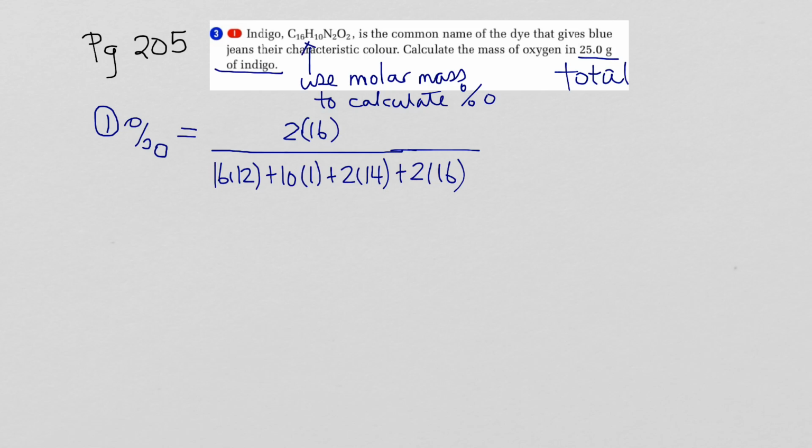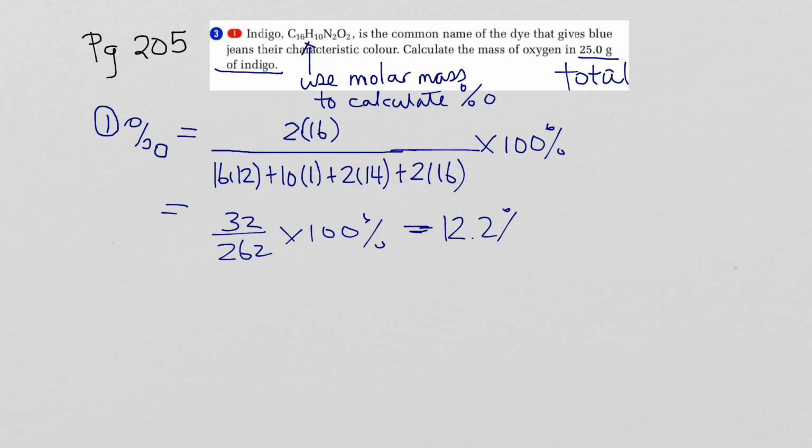So now, when we do this, this fraction, or this percentage, would give us 12.2%. So that means 12.2% of the total mass comes from oxygen.